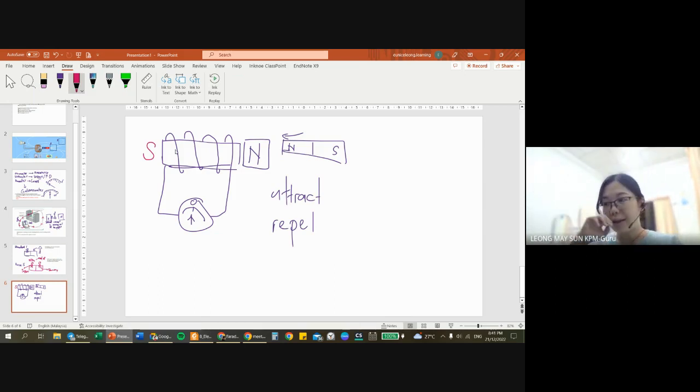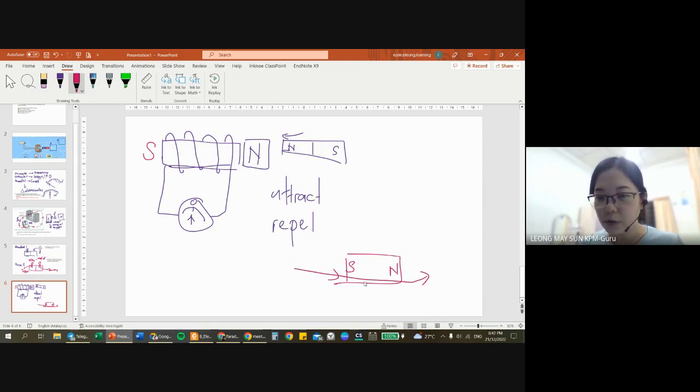So again, if you can, draw out this situation, or if you are using your screen, laptop, desktop, or handphone, please take your hand and let the thumb point towards the north pole. Why? Because in a magnet, the magnetic field comes out from north and enters south.